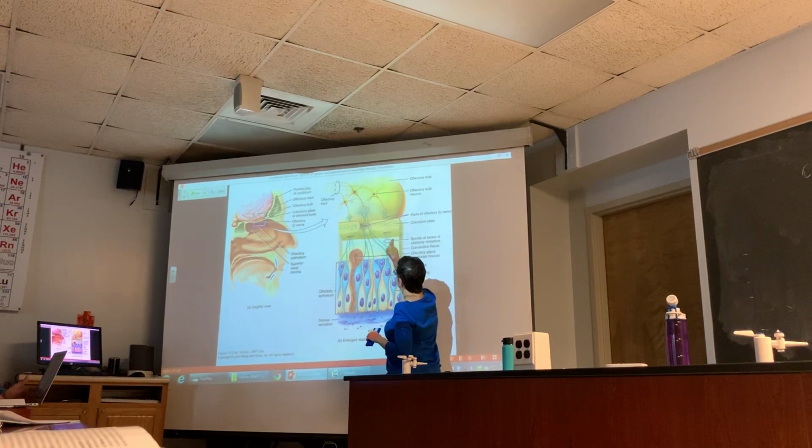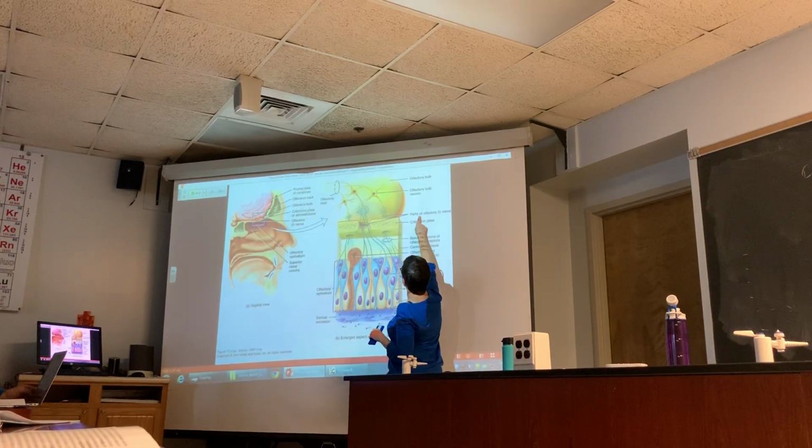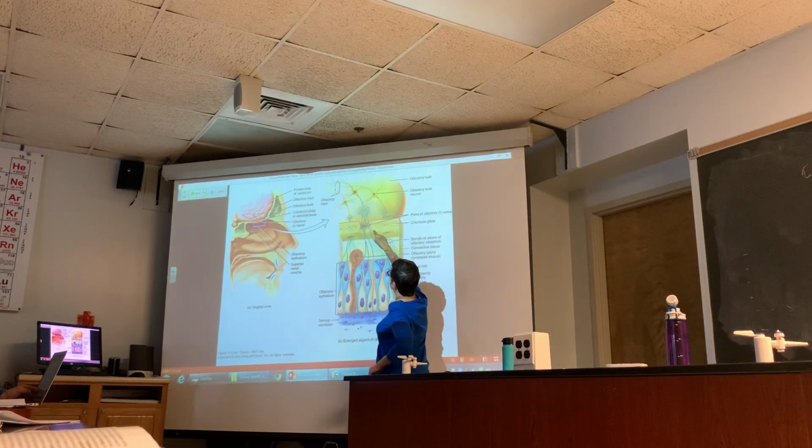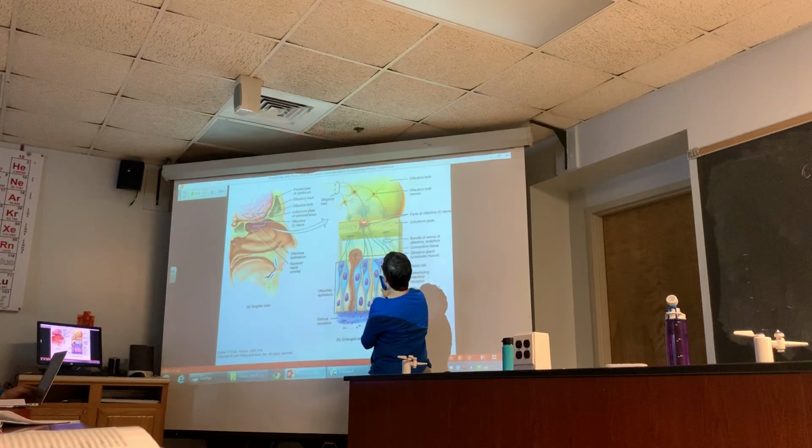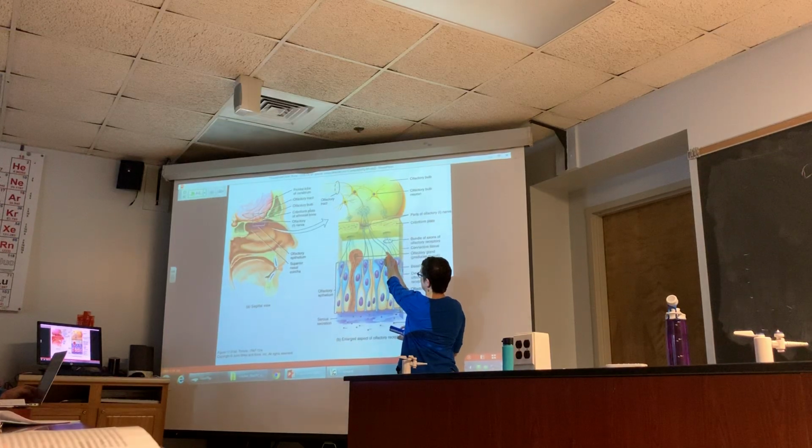So collectively, all of those are considered to be olfactory nerve 1, and those sensory neurons then synapse with the dendrites of a second order neuron up here. This olfactory bulb neuron is a second order neuron. These are first order neurons. The ones that are stimulated are first order.